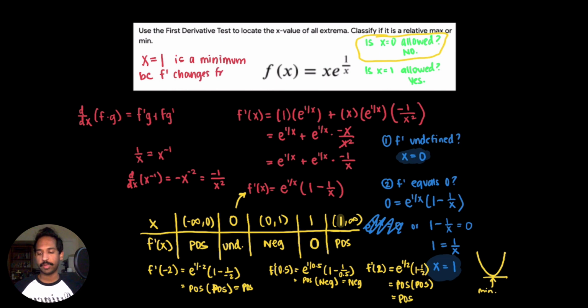And actually, we should be a bit more specific and say that x equals 1 is the location of a minimum, because f prime changes from negative to positive when x equals 1.